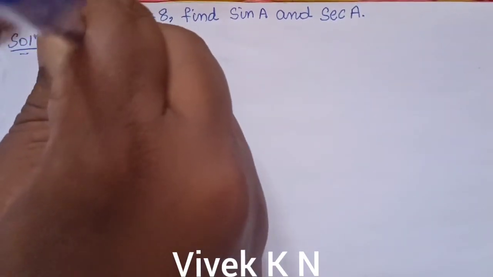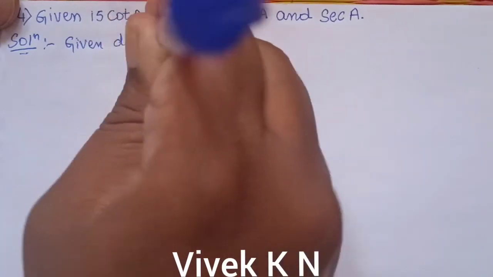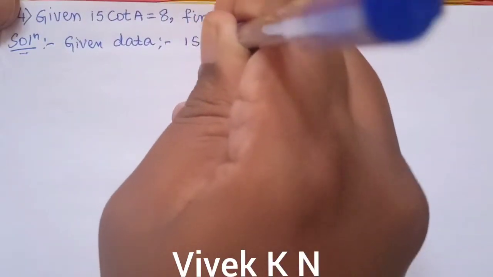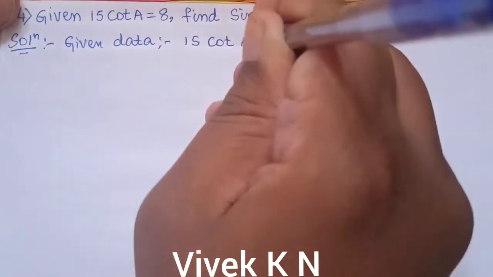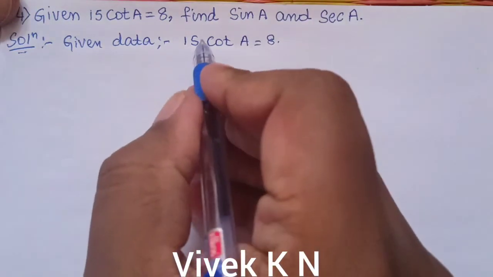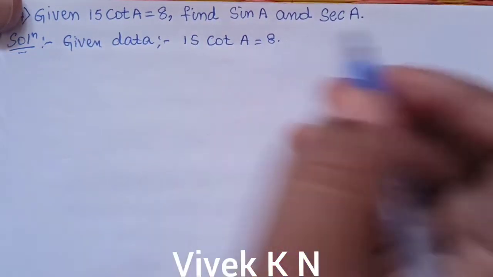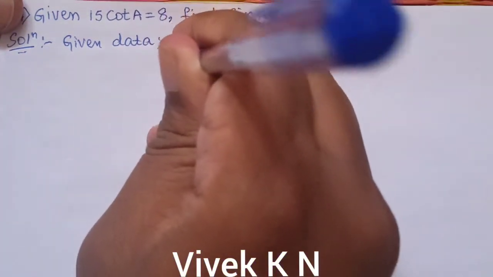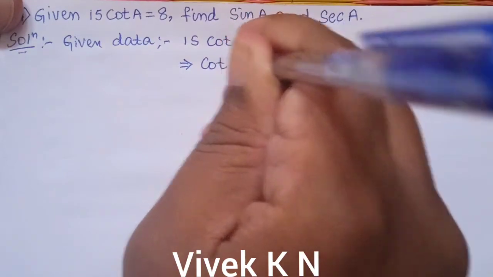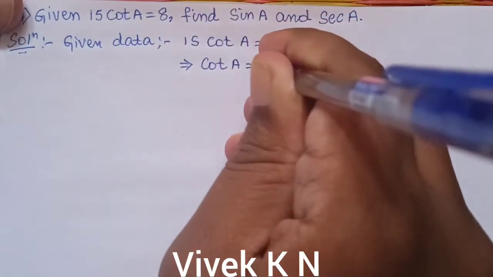Given data, 15 cot A is equal to 8. When we shift this numerical value 15 to the right hand side, it goes to the denominator. That is, cot A is equal to 8 divided by 15.